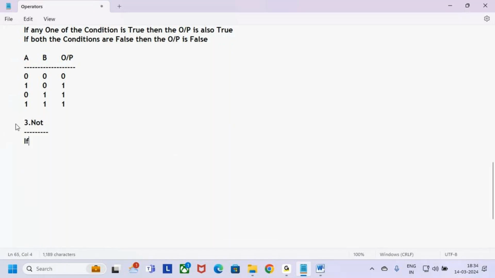So let's say if the input is true, then the output is false.